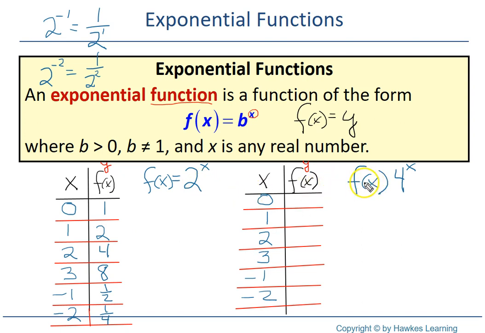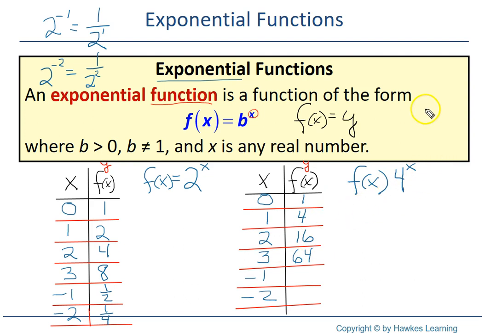Now let's do it for this one here as well. So 4 to the 0 power, anything to the 0 power is 1. 4 to the first power is 4. 4 to the second power is 16. 4 to the third power is 64. So you see these numbers get quite large. This is referred to as exponential growth.